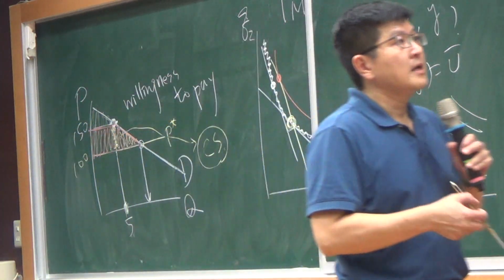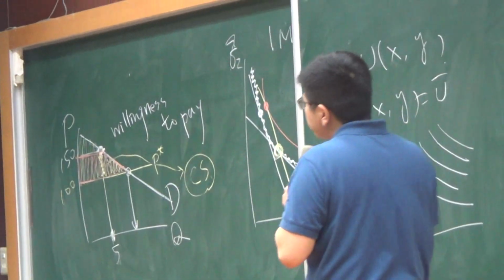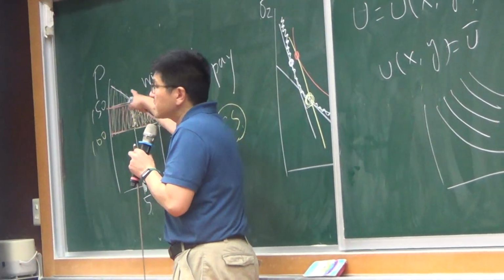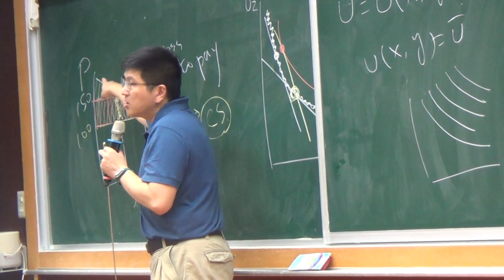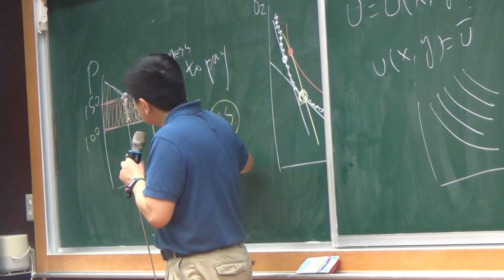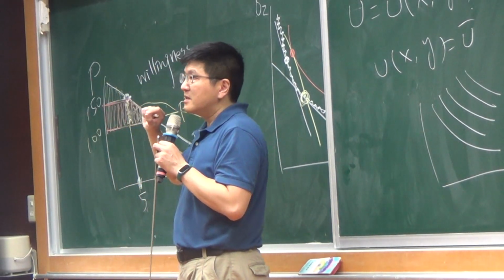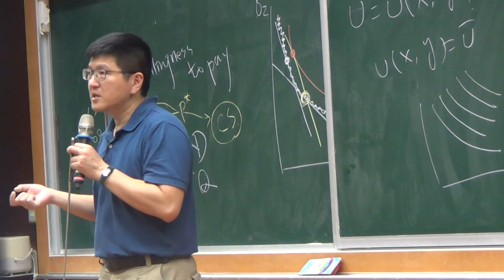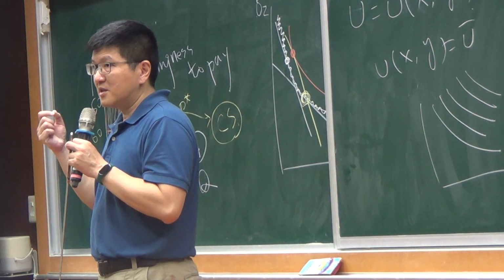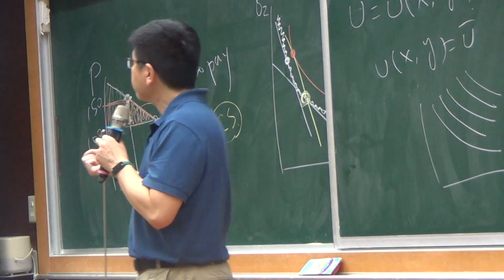So if we use the uncompensated one, it may be inappropriate because points along the demand curve differ from each other in the utility level. Okay?